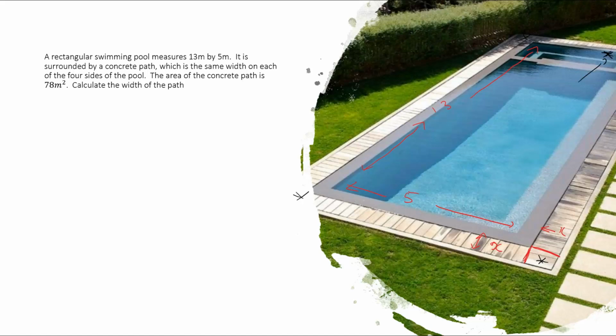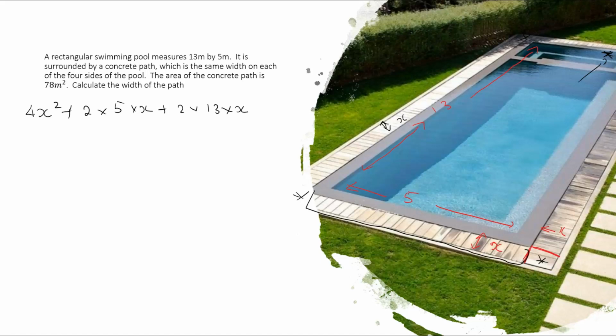Then each of those little squares is x by x, and this rectangle here is 5 by x, and we've got 1 at each end, so that's 2 times 5 by x. And then we've got this one, which is x wide. So we've got 13 by x, but we've got 2 of them because this one on the right hand side is 13 by x, so 2 times 13 by x.